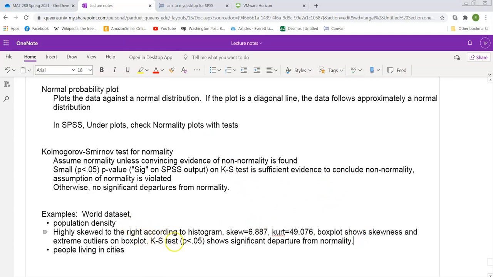Finally, the Kolmogorov-Smirnov test, and every time you state a test like that, put parentheses with the p-value, shows a significant departure from normality. Considering all of this together, it is clear that this variable does not follow a normal distribution.